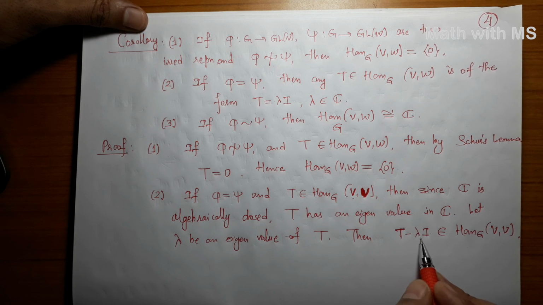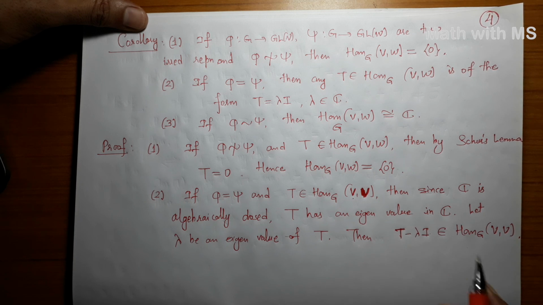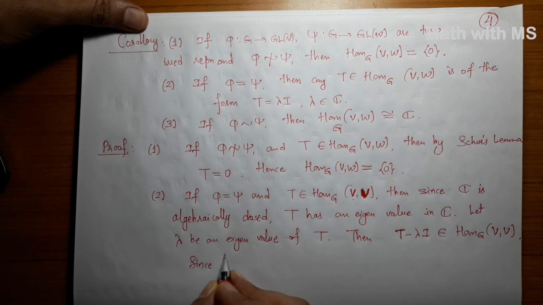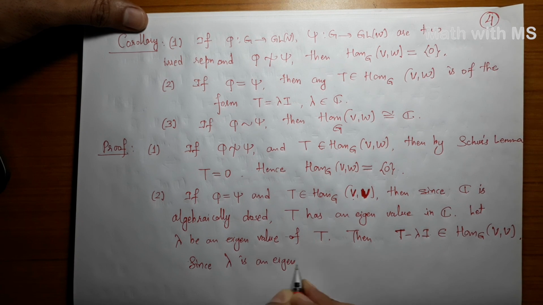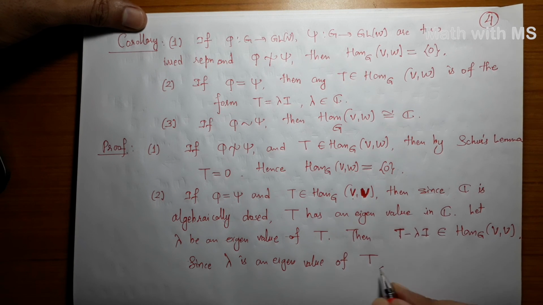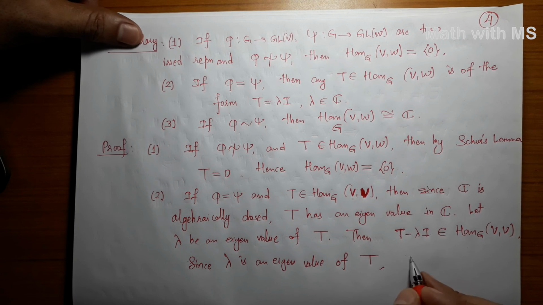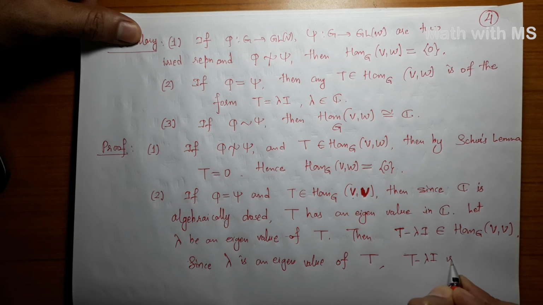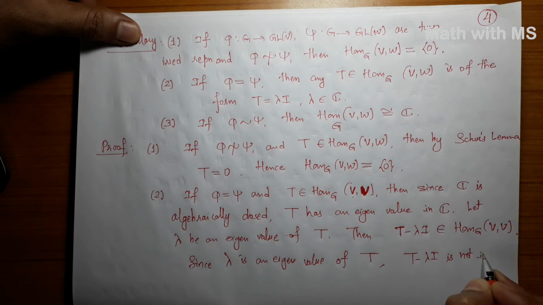Remember that lambda is an eigenvalue. So therefore there is a non-zero vector v such that (T minus lambda I)(v) is 0. That means it is not invertible. So since lambda is an eigenvalue of the operator T, T minus lambda I is not invertible.